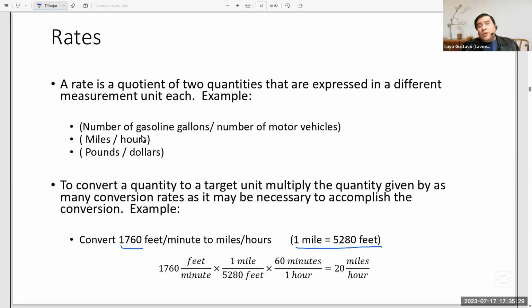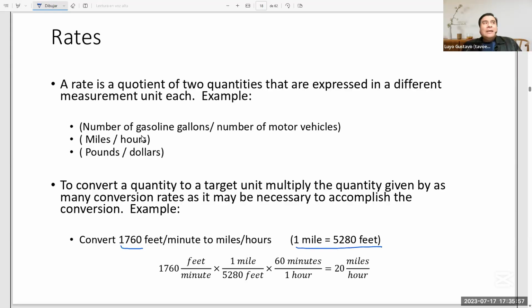The strategy we can use to pass from one type of unit to a target unit is the use of a multiplication or successive multiplications by different conversion factors, as many conversion factors as we need in order to achieve the necessary conversion.